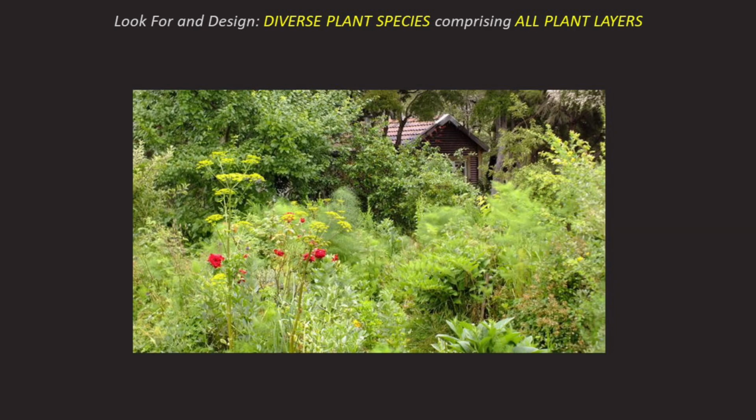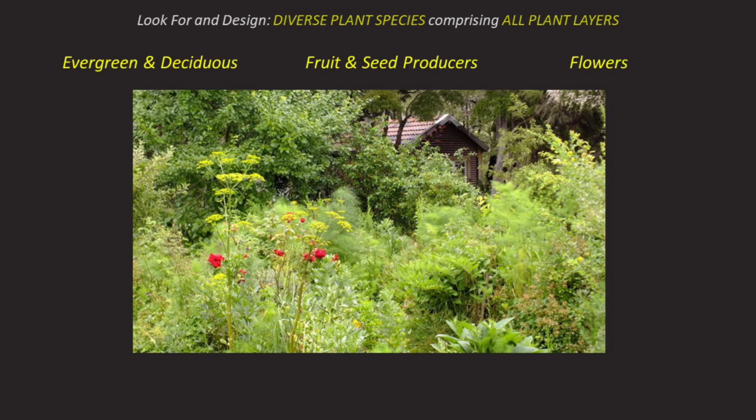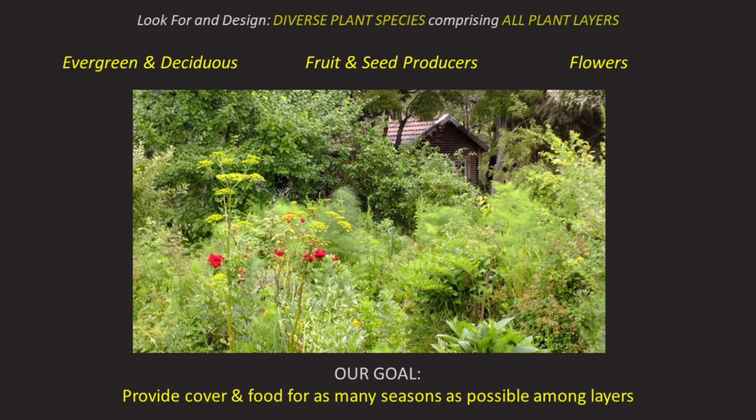Work to establish and maintain a diversity of plant species in every layer. This includes maintaining or establishing a combination of evergreen and deciduous trees and shrubs, fruit and seed producing plants, and a diversity of flowering plants. With this approach, our goal is to use the plant layers to provide cover and food for as many seasons as possible.